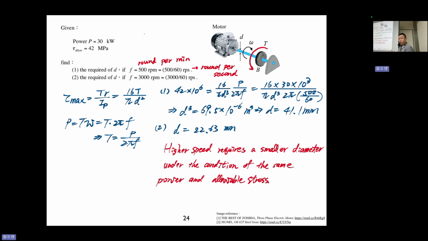Chapter 4 is really important because I will say chapter 5 is the most difficult chapter in this course. And if you don't know chapter 4, none of the problems can be solved in chapter 5. You need to use the skills and knowledge you learn in chapter 4, and then you can solve chapter 5. So chapter 4 is really important.